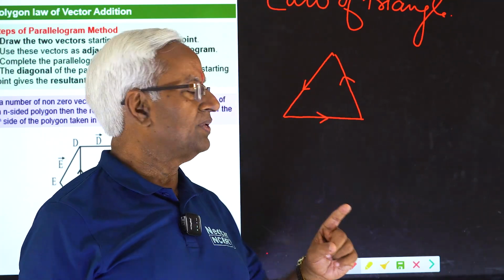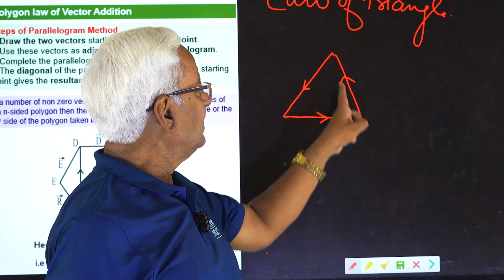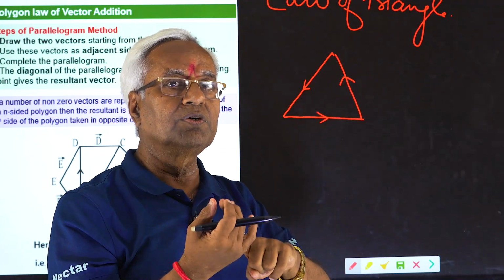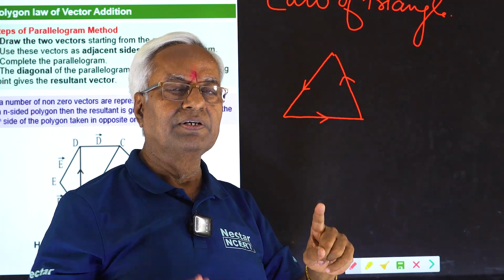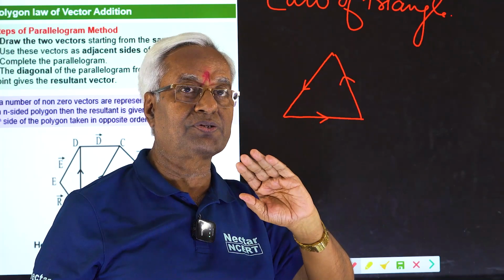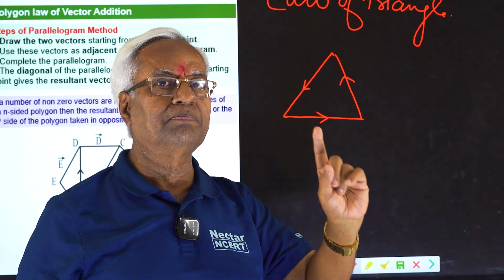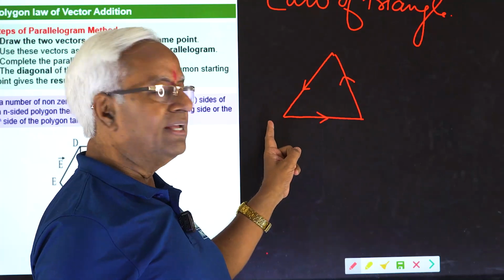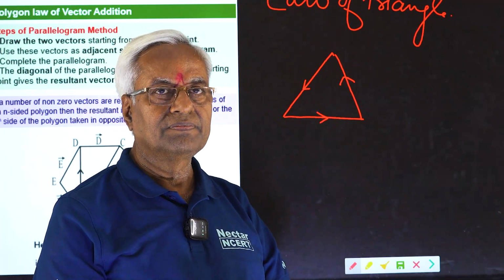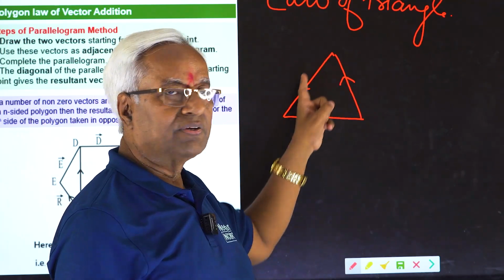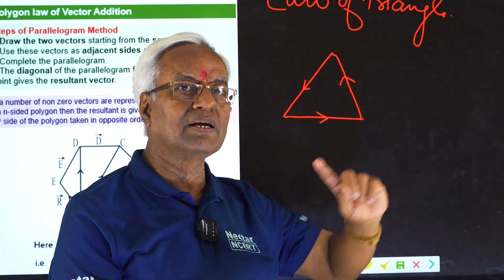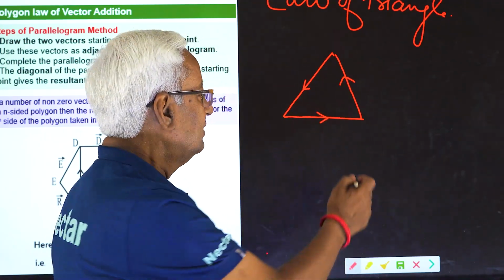You need to say that they are three sides of a triangle in cyclic order, because when you are talking about a vector, you must quote the direction. Unless you point out the direction, you are not furnishing the information of the vector completely. So again, I'll repeat, three sides of a triangle are representing three vectors in cyclic order.